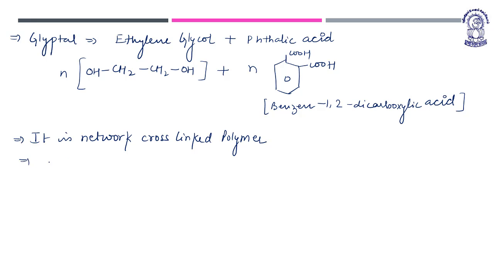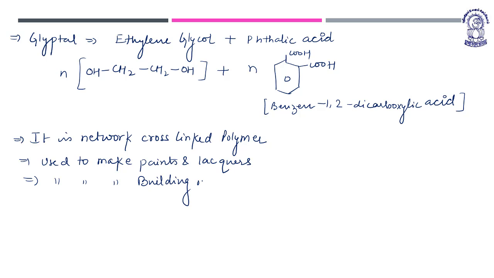It is used to make paint, for making building materials, such as asbestos cement.